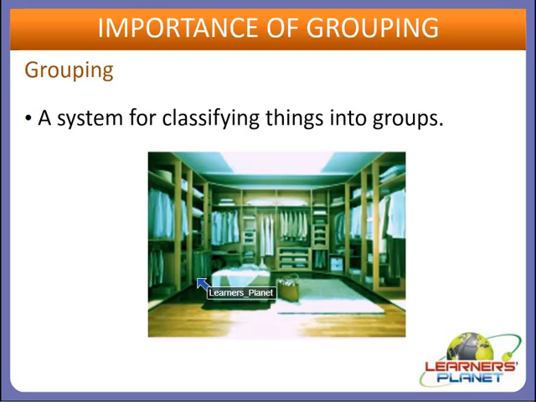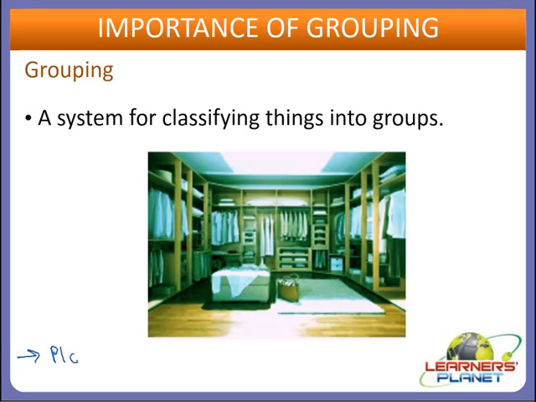But if it is not grouped, then this is because your room is always in a mess. Clothes, toys and other objects are scattered all over the place. And this situation could have been avoided if the objects had been grouped properly. So we can say that placing or sorting similar things together is also called grouping.